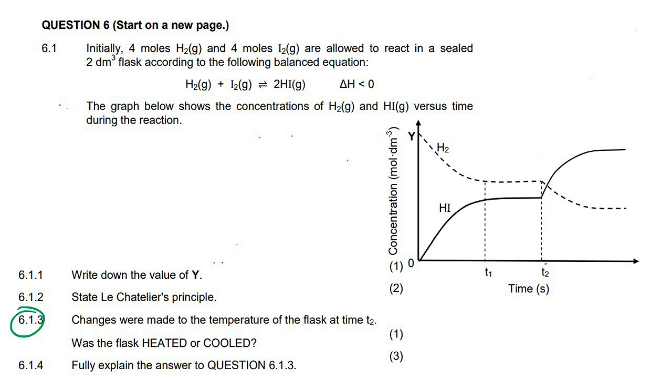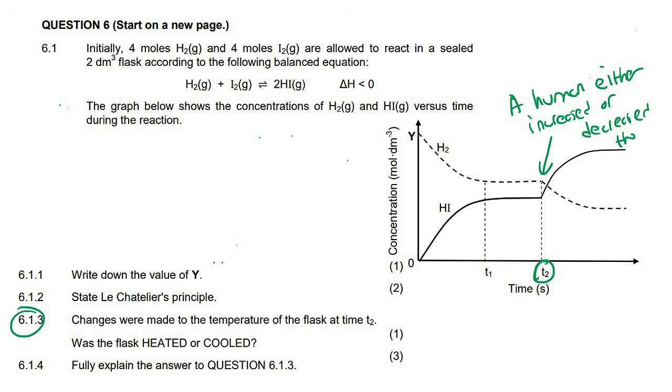At this point over here, a human either increased or decreased the temperature. We don't know what they did, but that's what we're going to try to figure out. You cannot figure it out by just saying, oh, that's exothermic, hot, or something like that. So that is where the person made the change. Either they heated or they cooled the flask.